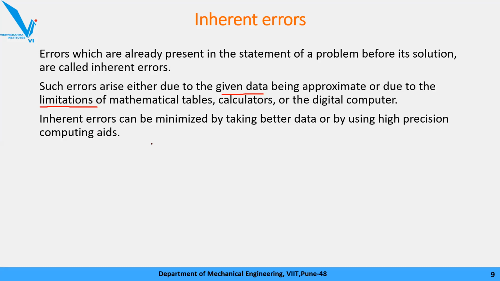But we can provide feedback to the third party to minimize that error, at least try to provide better data, or we have to purchase a high precision computer, whose processor, RAM and ROM should be powerful. Then we can reduce the inherent error a little bit.